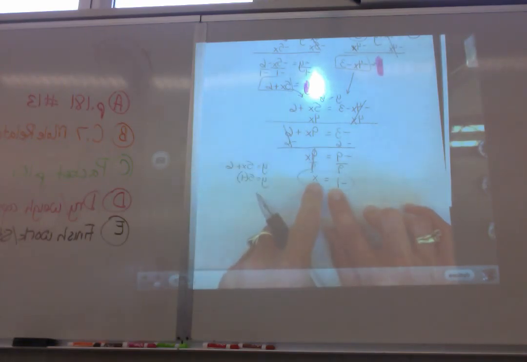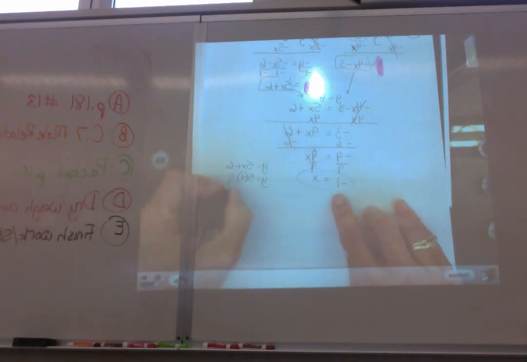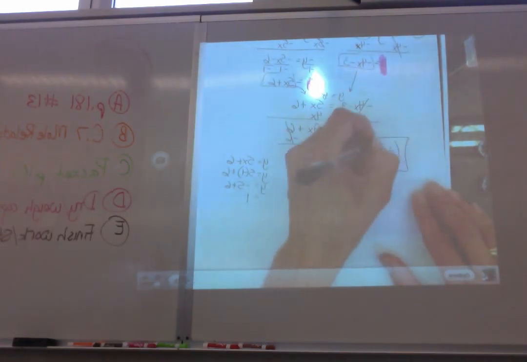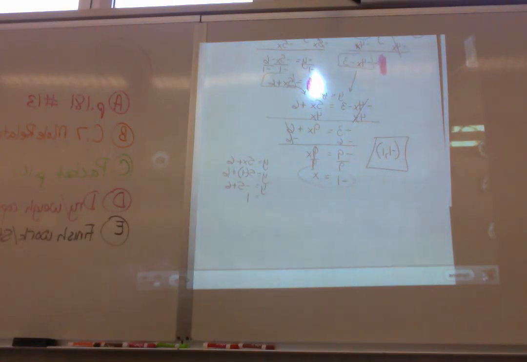I'm replacing the x with the negative 1. Y equals minus 5 plus 6. What does y equal? 1. So here's the ordered pair: negative 1, 1. That's where those two lines crisscross. Let's graph them and double check we did our math right.